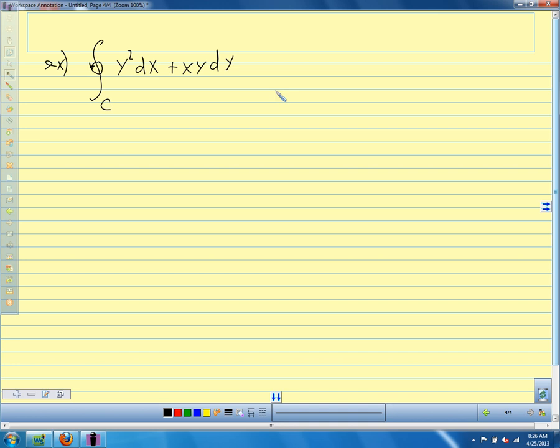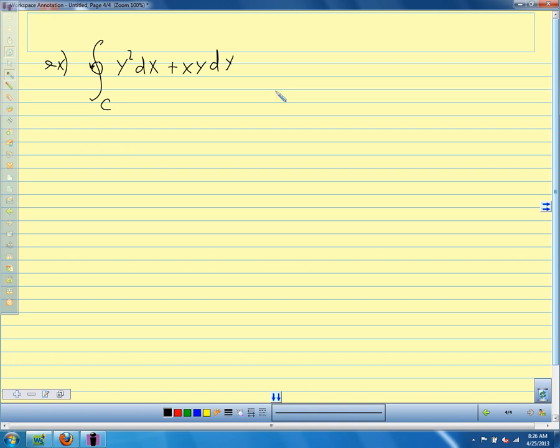Yeah. So when you're given this, should we not test for conservative, or should we still try to test if it's conservative? Well, when we use Green's theorem, if dM/dy and dN/dx are equal, we'll see right away that the integral is going to evaluate to 0.